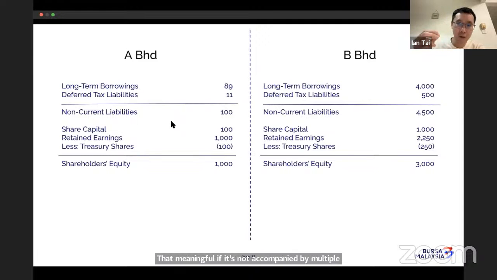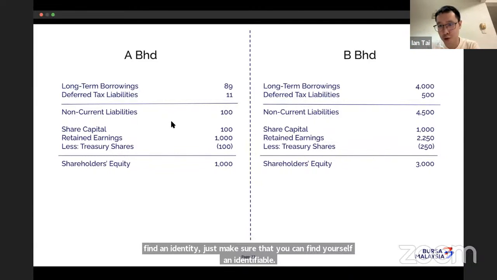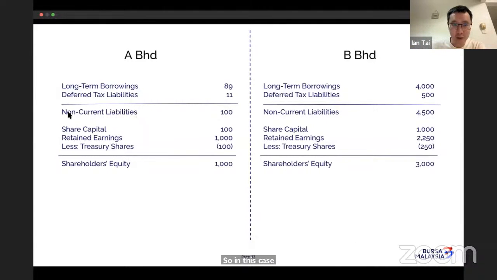So whatever formula you use, just make sure that you can find yourself an identifiable pattern. In this case, I'm just going to go old school, and share with you how you can calculate this very quickly. Just one of the many formulas that exists when it comes to calculating gearing ratio.